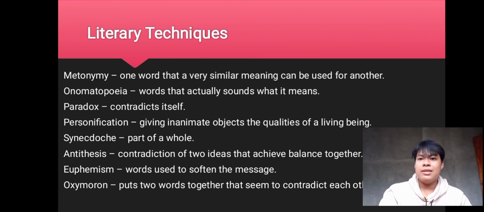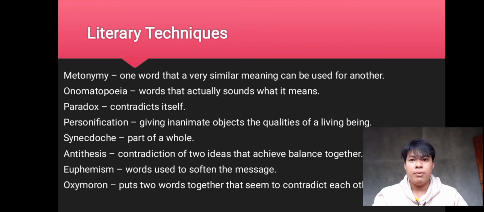Instead of making them uncomfortable, you use euphemism. It is a type of figure of speech that refers to figurative language designed to replace phrasing that would otherwise be considered harsh, impolite, or unpleasant. I have examples here.